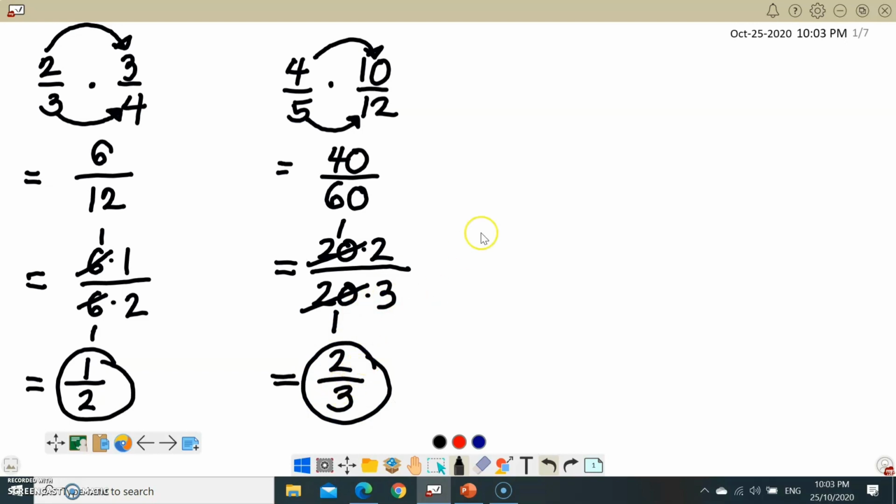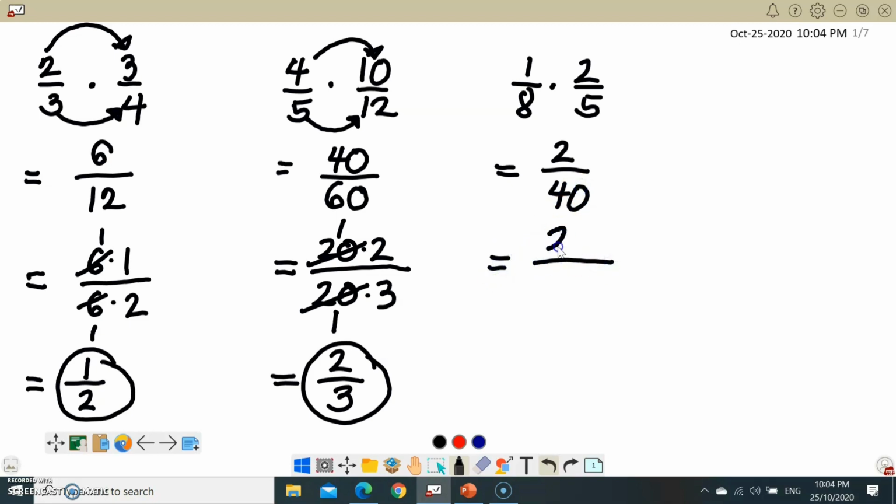2/3. Let's try another. 1 over 8 multiplied by 2 over 5. So we multiply the numerators. 1 times 2 is equal to 2 over 8 times 5 is equal to 40. So we simplify. Factors of the numerator, it's 2 multiplied by 1. Factors of 40 is equal to 2 multiplied by 20.